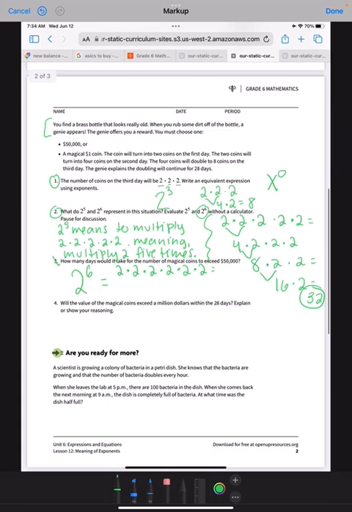I already know from, let me change my color, I already know from over here that 2 to the 5th power, so from here to here, is 32. So all I would have to do is now do 32 times 2. That only works when I'm multiplying that number in front and it's the same number. Okay, so now I can just do this and get 64.